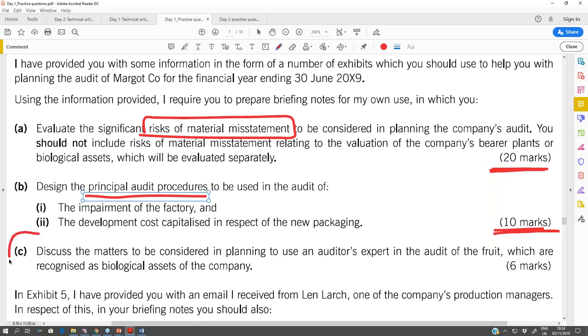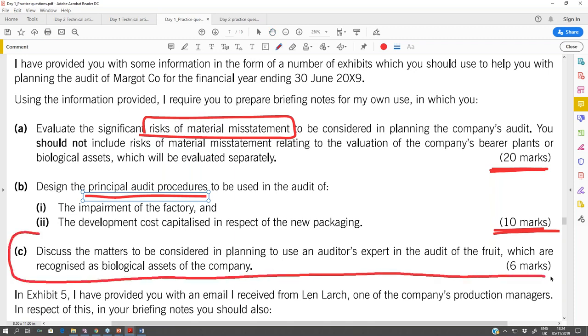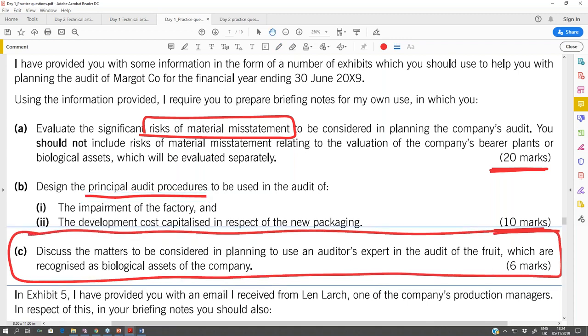It says, discuss the matters to be considered in planning to use an auditor's expert in the audit of the fruit which are recognized as biological assets of the company.